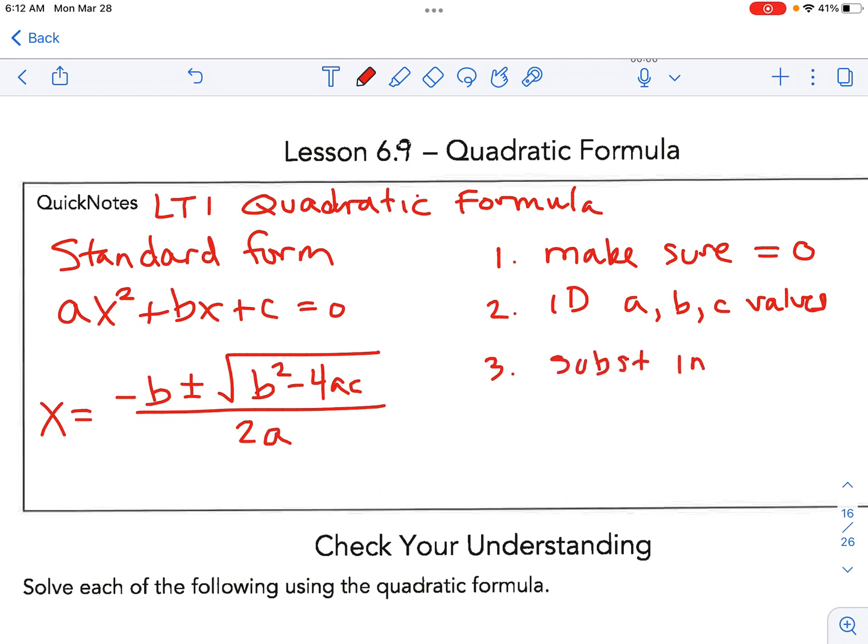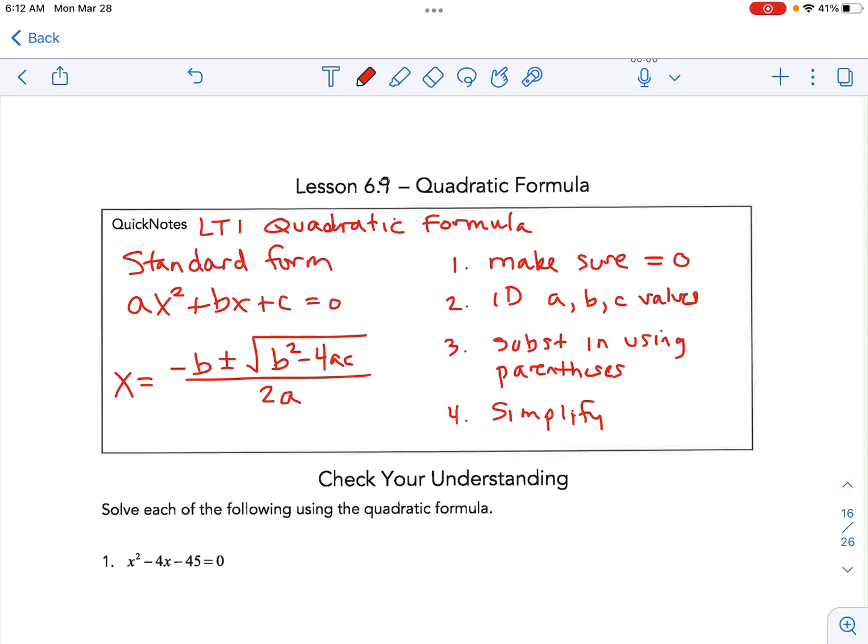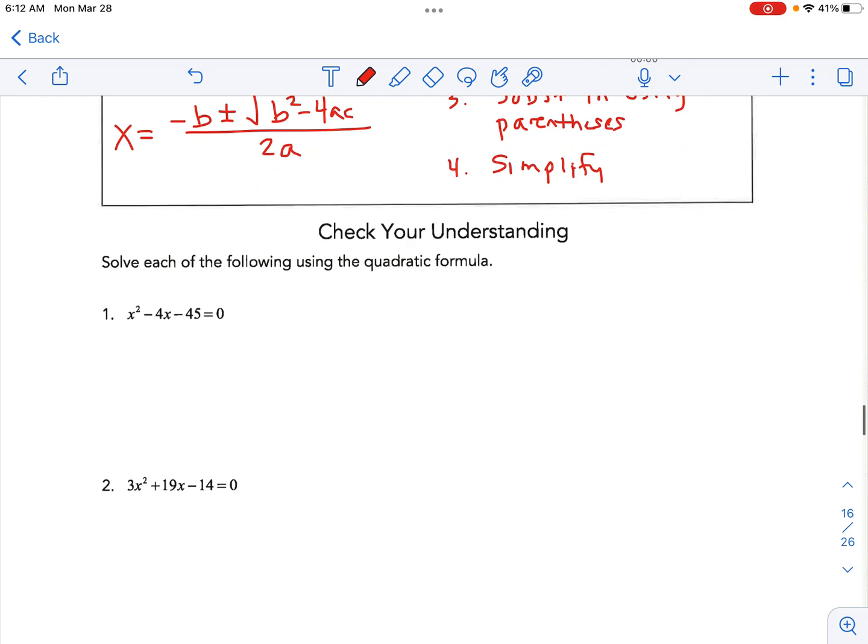Substitute in using parentheses, and then simplify. Just to give you some tips there.